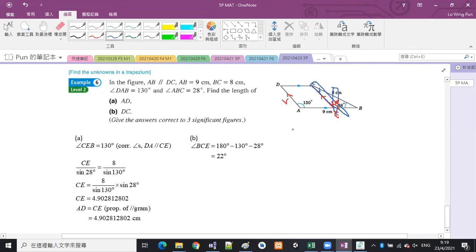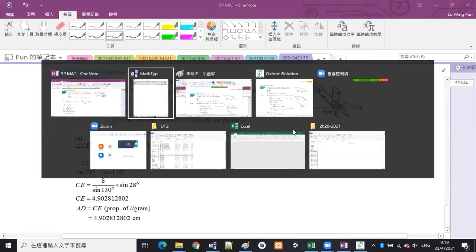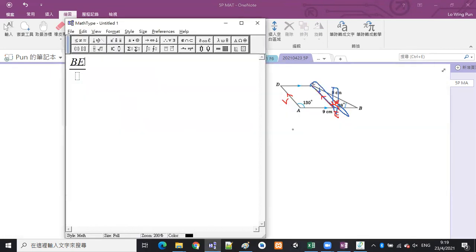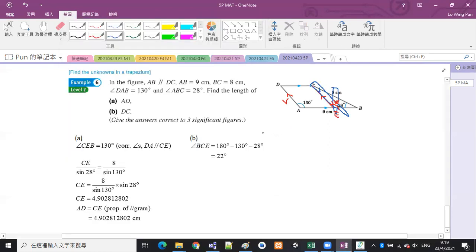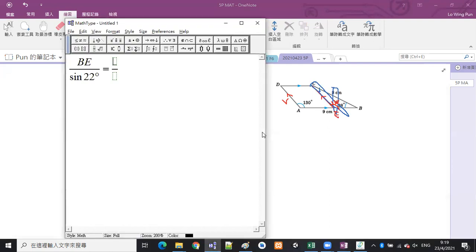Okay, so I want to find BE. So let us put BE on the top left, divided by sine angle BCE, that should be 22 degrees, is equal to the other pair. That is BC. BC is 9 cm? Sorry, 8 cm, over sine 130 degrees. Am I correct?